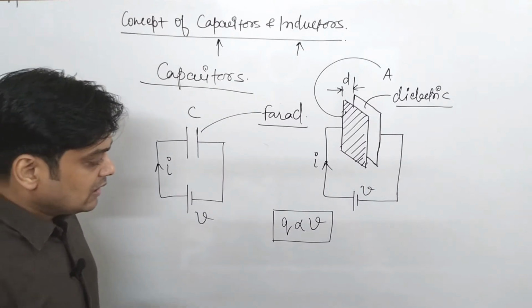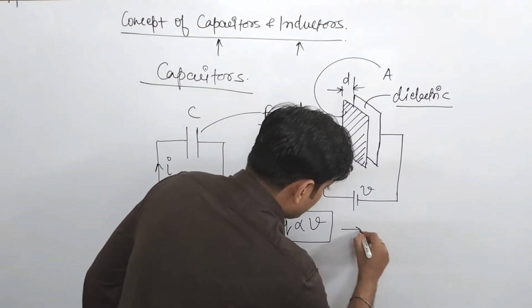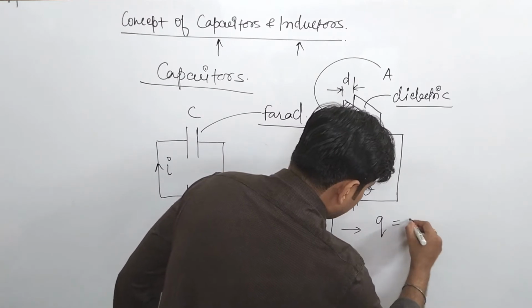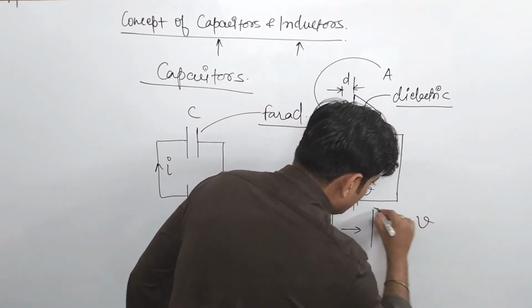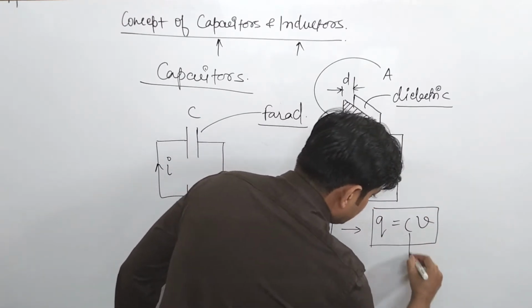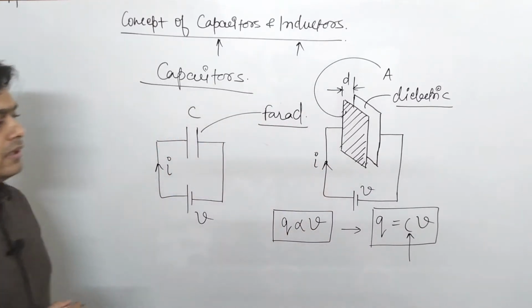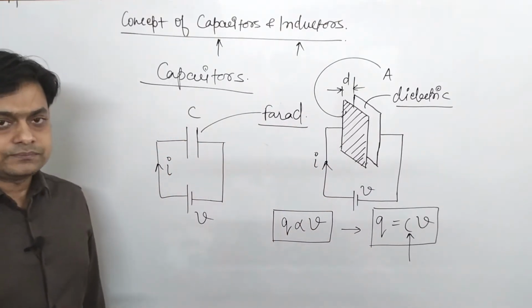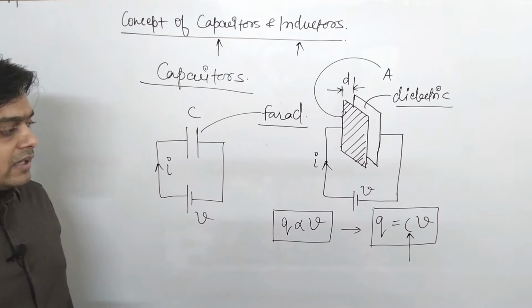It means whatever voltage is applied on these two plates, there is an accumulation of charge at these two plates. If I remove the proportionality sign, one constant comes in, that is known as C, and we call it capacitance.